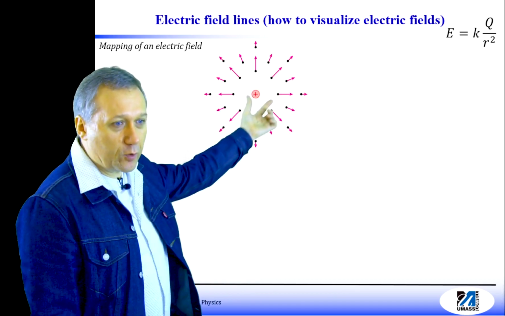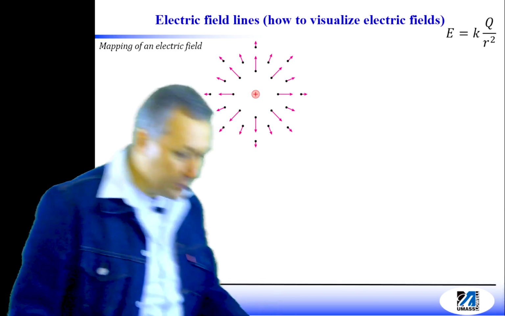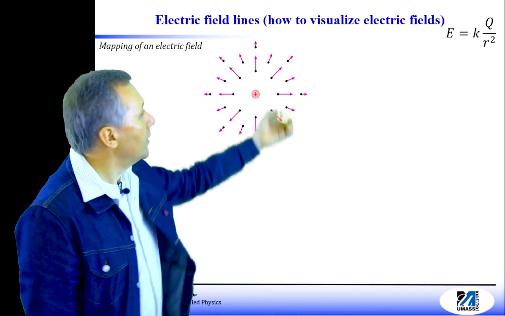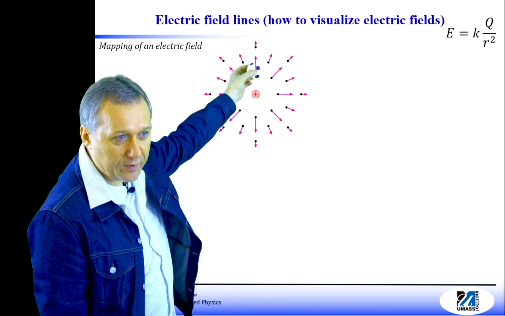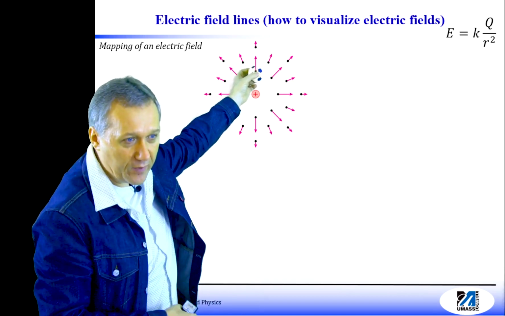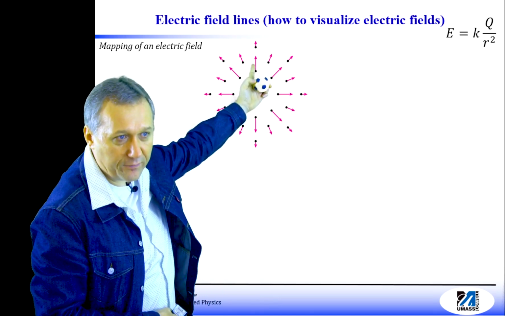You grab your positive small probe charge and position it at the point where you want to measure the electric field. Again, like in the previous slide, measure the force, divide by the value of the probe charge, and you can draw the electric field vector.